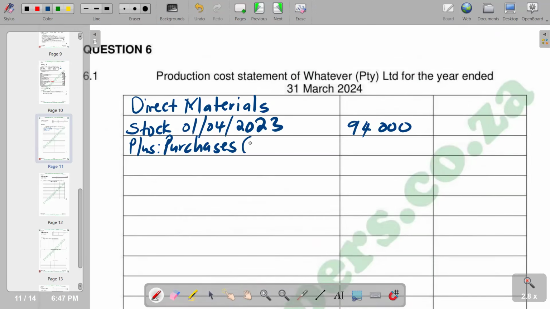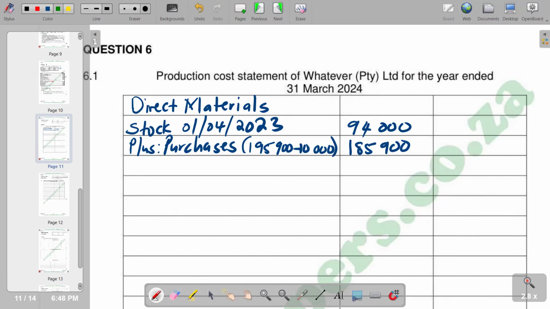We have 195,900 minus 10,000, and we get 185,900. Then from there, we add 94,000 plus 185,900 to get the figure for stock available for use.